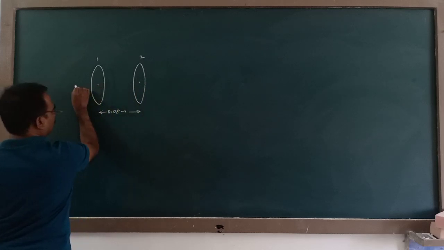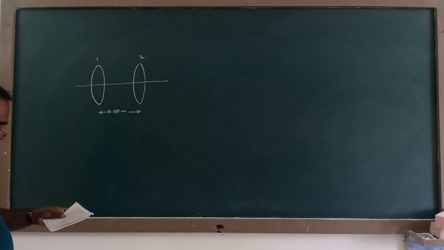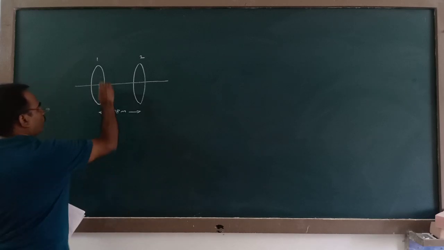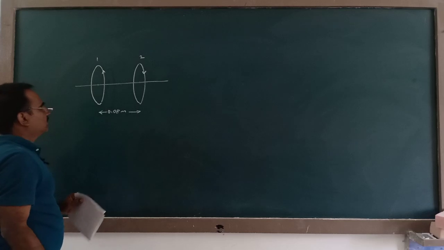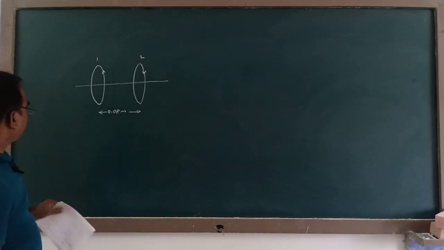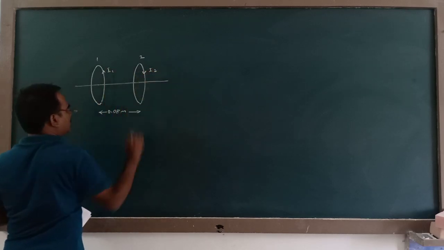Coaxially means common axis like this. A current of 1 ampere passes through each coil in opposite directions. So the current in this direction, and here the current is in this direction. Current is in opposite directions. So this is I1, this is I2.